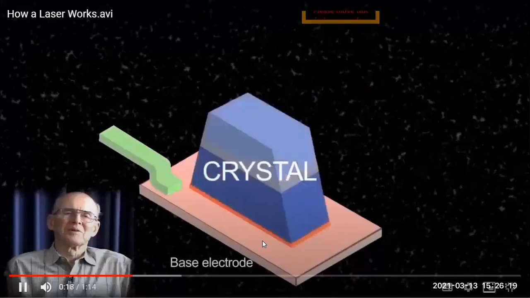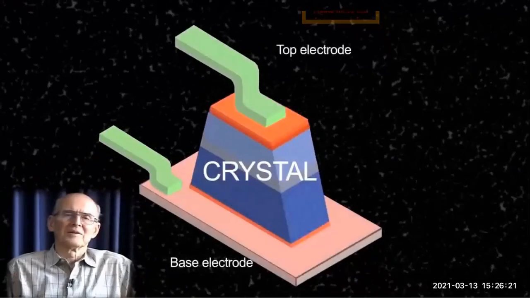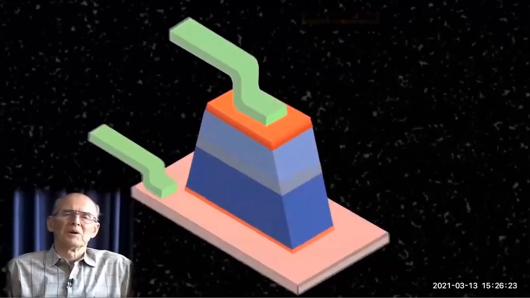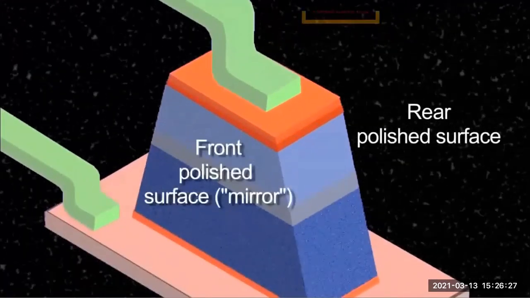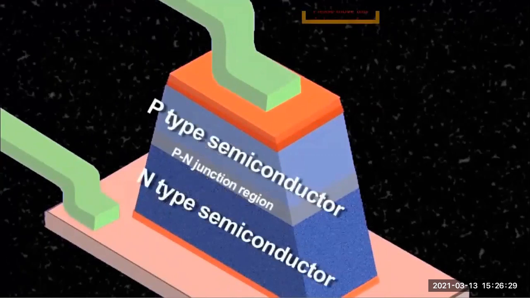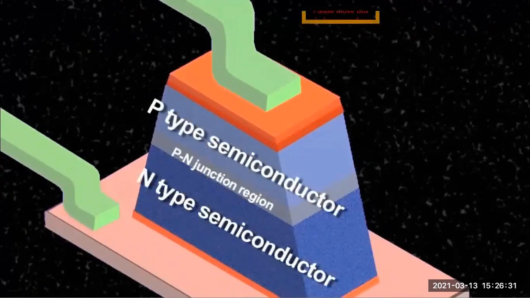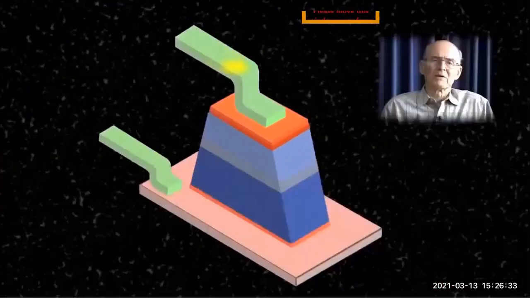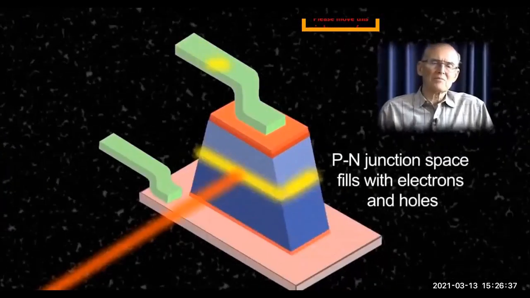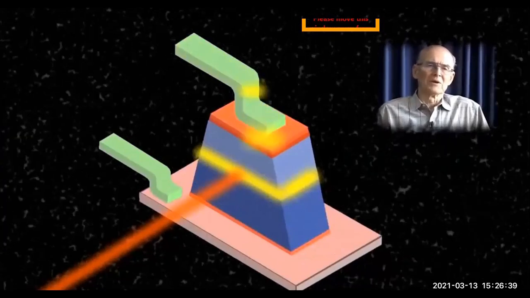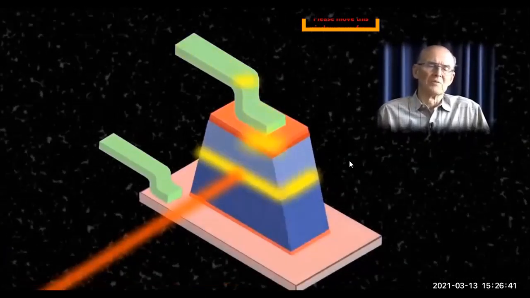It's a crystal very much like gallium arsenide, a tiny crystal with mirrors front and back, polished or cleaved, so it is a largely reflecting surface on both faces. And you pass a current through the diode that populates the space inside the junction with electrons and holes.